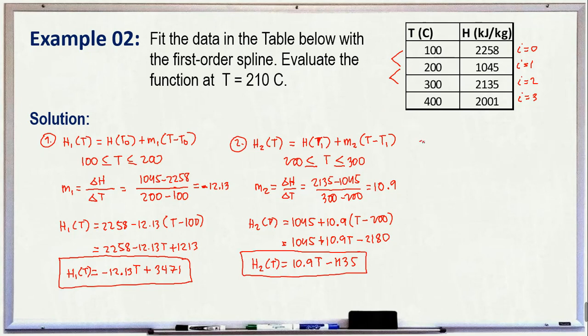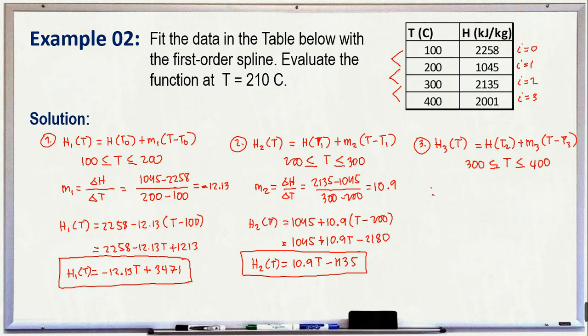For the third one, we have h3 of t equals h of t2, since it is the left portion, plus the third slope m3 times t minus t2. The range is again 300 less than or equal to t less than or equal to 400.